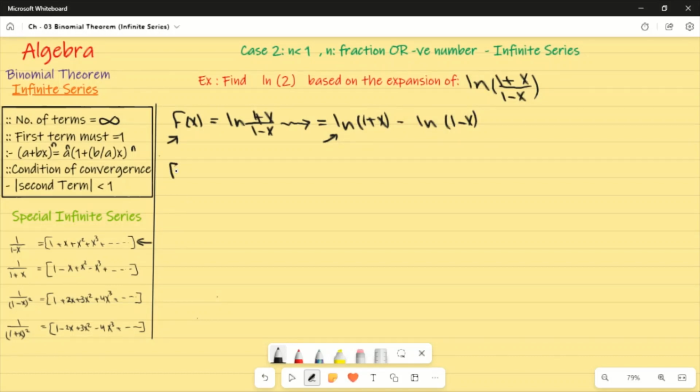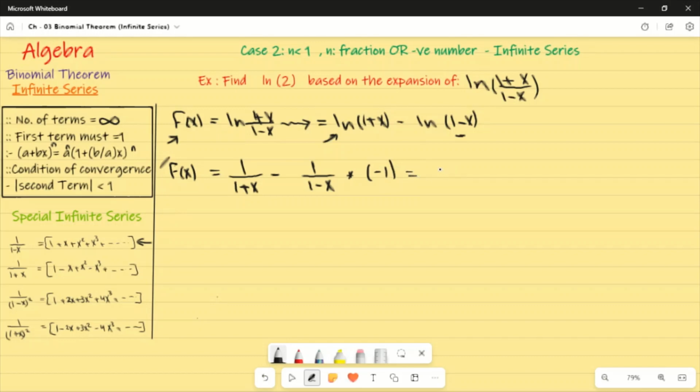The derivative of f of x with respect to x, so f dash of x equals the derivative of ln x, which is 1 by x, so we find 1 by (1 plus x), plus 1 by (1 minus x) into the derivative of this bracket, which is negative 1.